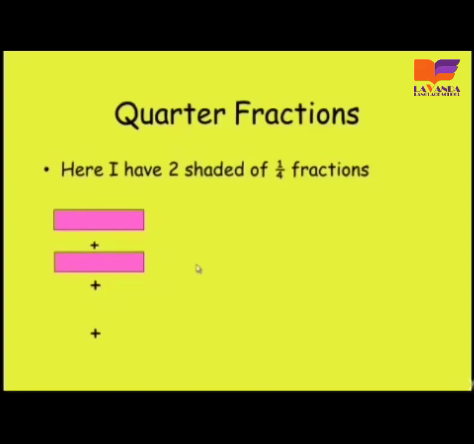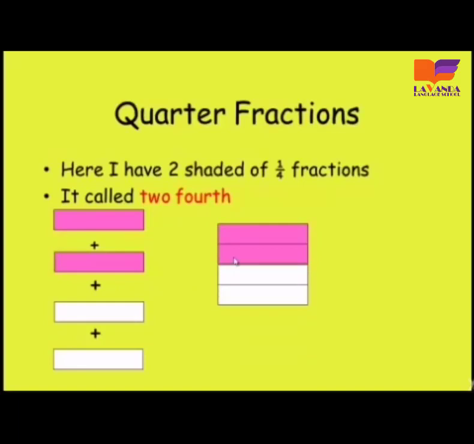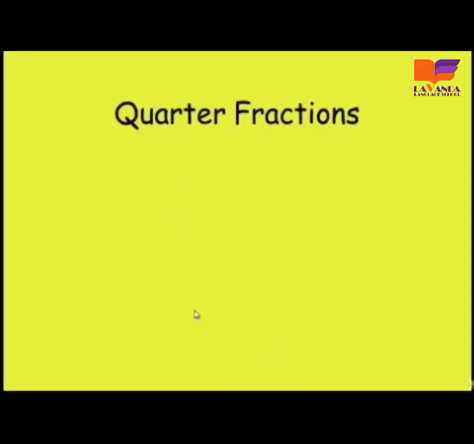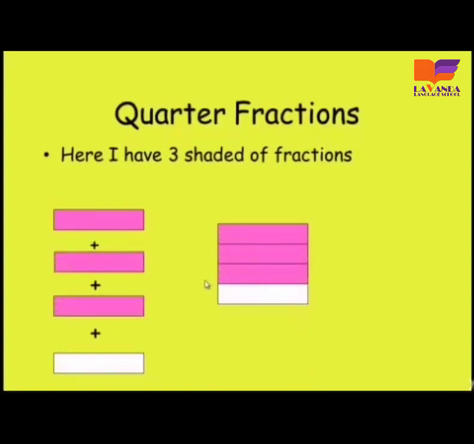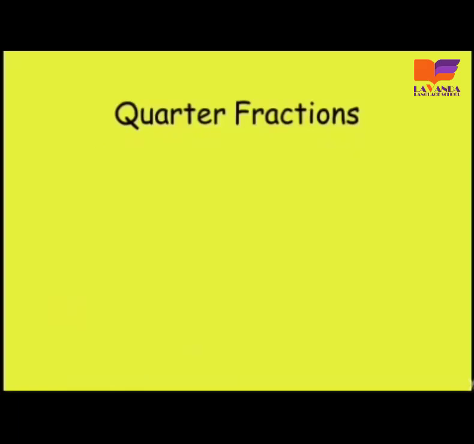If I had two colored parts and another two uncolored parts, so it is 2/4. Yes, super. 3 colored parts will become 3/4. 3 colored parts over 4 parts, it will become 3/4.